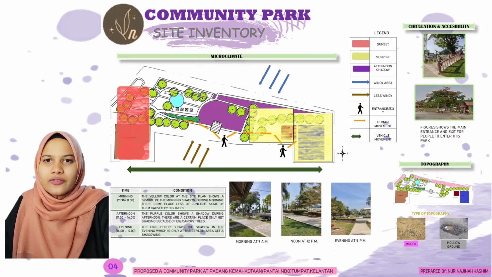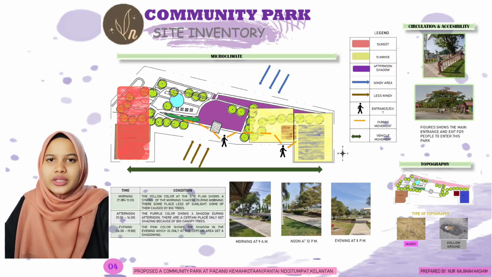Then the afternoon is from 11 a.m. to 4 p.m. The purple color shows the shadow during the afternoon. There are certain places that only get shading because of a big canopy.